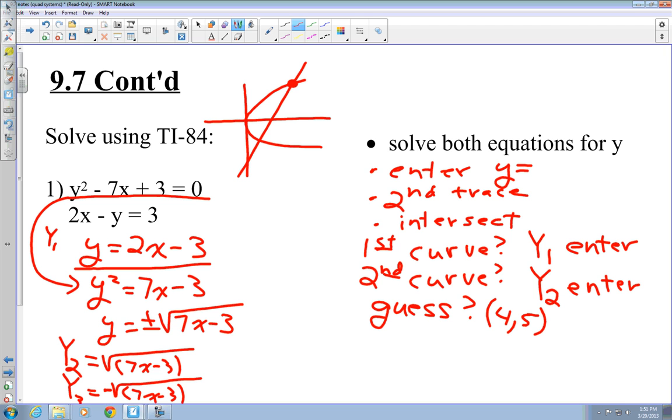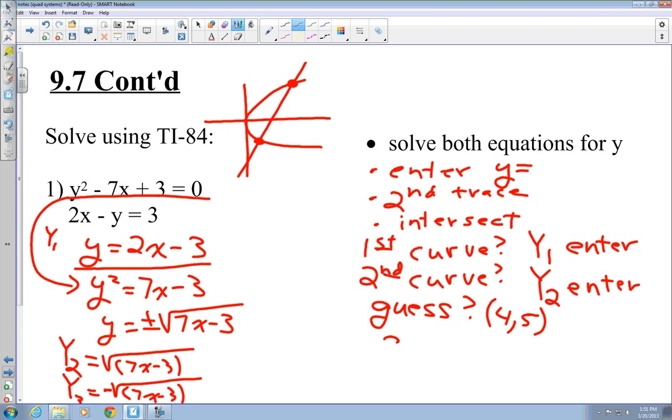And to get the second intersection point, you are going to go through this whole process again. Second trace, intersect, Y1. This time you're going to choose Y3, and make sure that your cursor is close to the second intersection point.